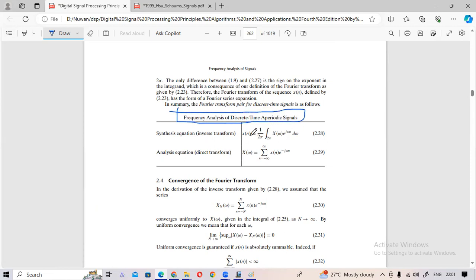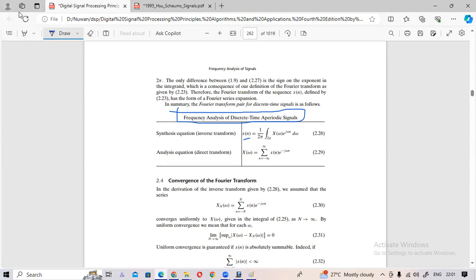This is x[n], and this is the inverse Fourier transform. This is what we learn now. So we get the Fourier transform of x[n].